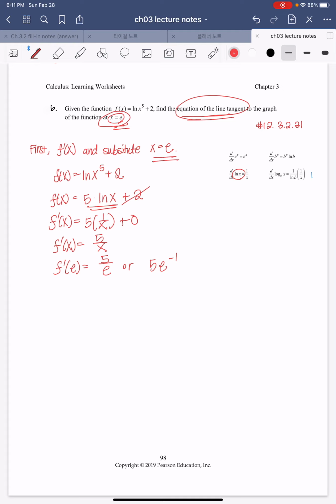Now, we are given only the x value, so we also have to find the y value associated with this, and I'm going to use the original one. So we have an ordered pair, so when we write an equation, we have an x value and the y value, right? So now let's find the y coordinate.